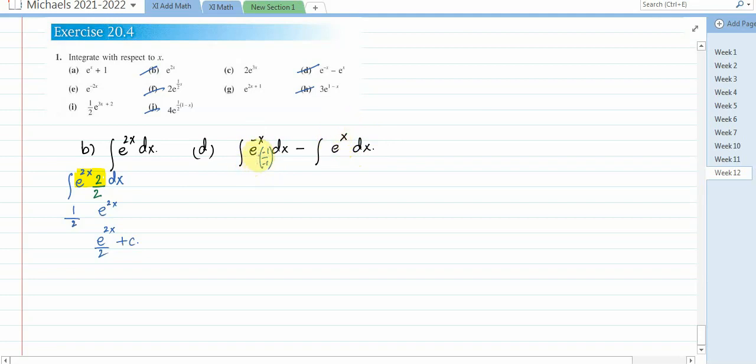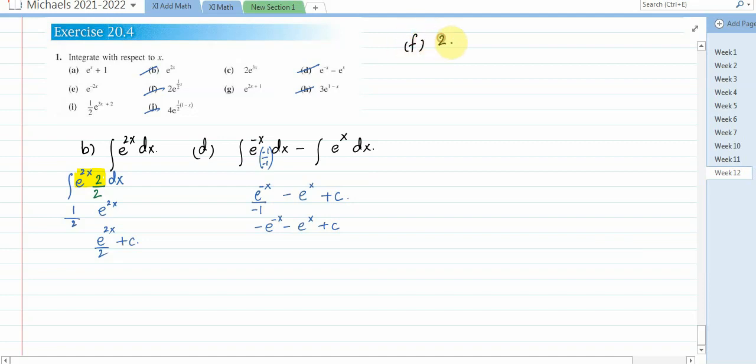Now the integral of e to the power minus x is e to the power minus x, and this denominator minus 1 is already here, minus e to the power x, it's e to the power x, and plus c. So we can say that it's minus e to the power minus x minus e to the power x plus c.